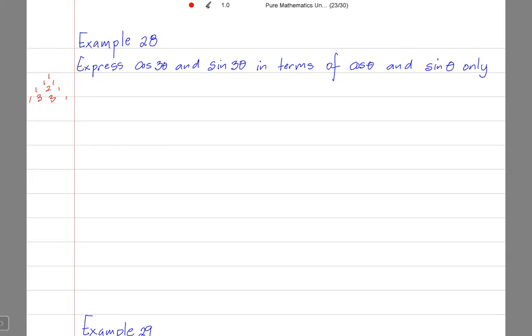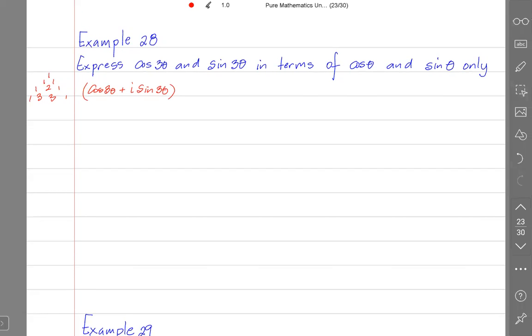I don't need to go any further than that. The Morse theorem says that cos 3 theta plus i sine 3 theta is equal to cos theta plus i sine theta cubed.